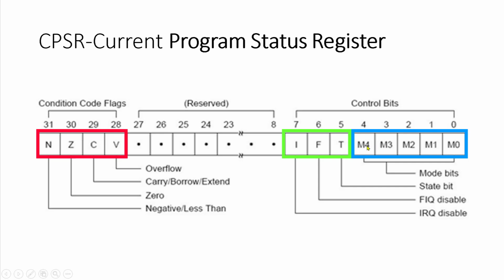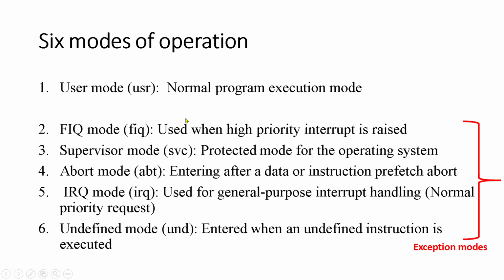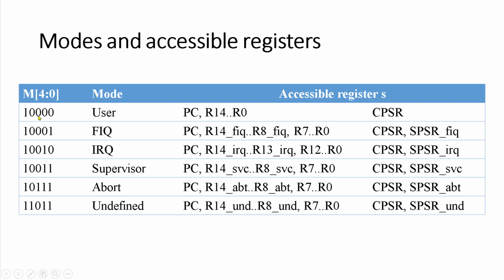There are 5 mode select bits available, M0 to M4. Based on the ones and zeros appearing here, the processor will enter into different modes of operation accordingly. So that is given here.